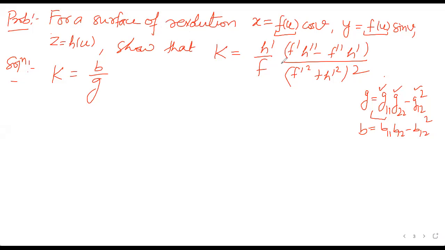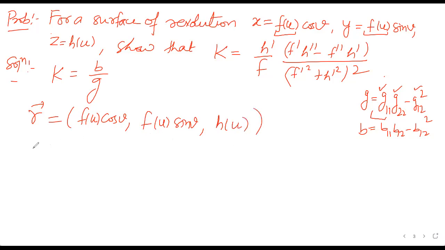So you have to find all these things. So your R is given here. R is given as f u cos v, f u sin v, and h u.